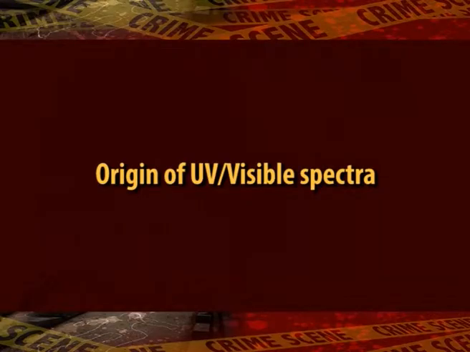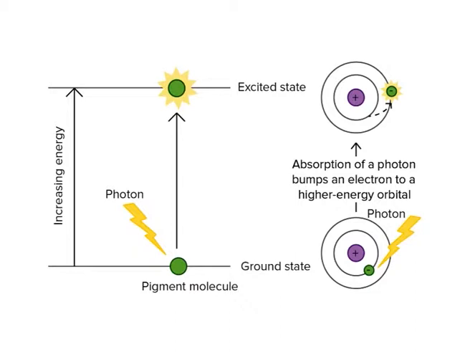Origin of UV visible spectra. Let us try to understand how the UV visible spectra arise. It arises due to absorption of electromagnetic radiations in the UV visible region of the electromagnetic spectrum. The absorption of electromagnetic radiations in the UV visible region results in the transition between the electronic energy levels.